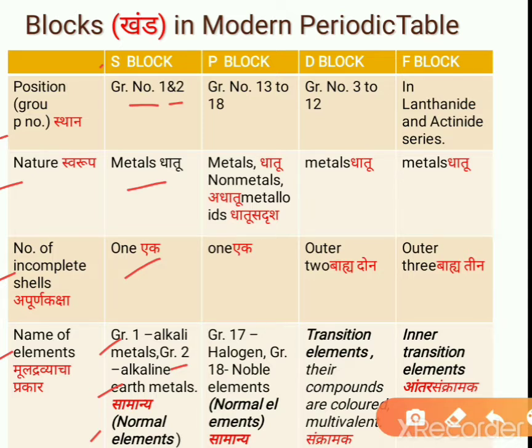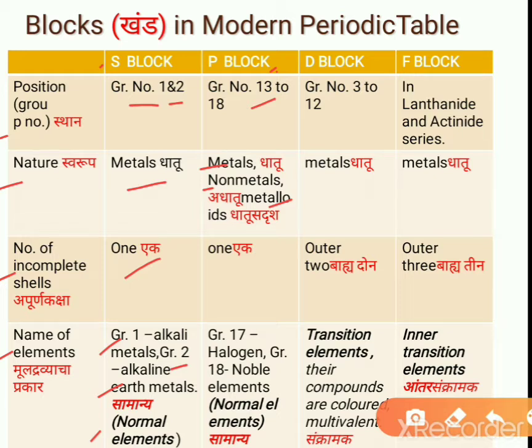Now let us see P block elements, group number 13 to 18. The elements from group number 13 to 18 are all P block elements. These elements are metals, non-metals and metalloids. Some of the elements are metals, some are non-metals, and the remaining are metalloids.